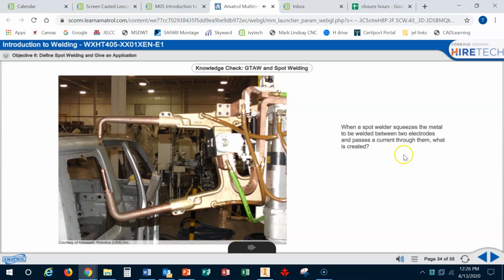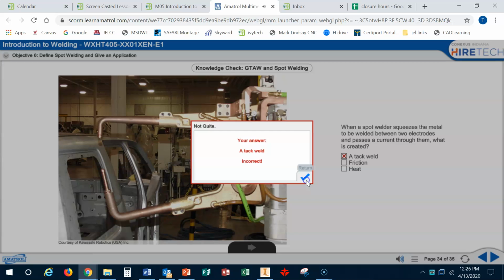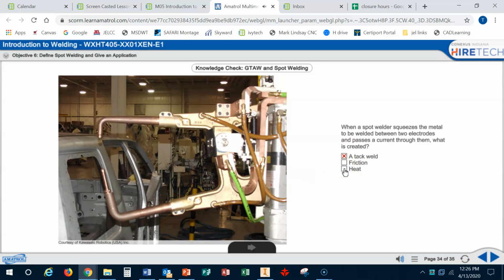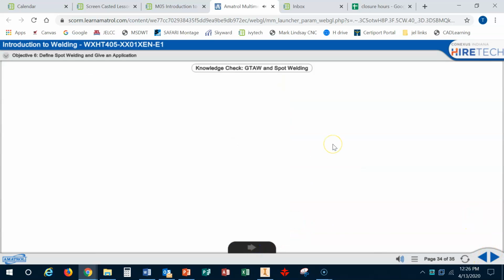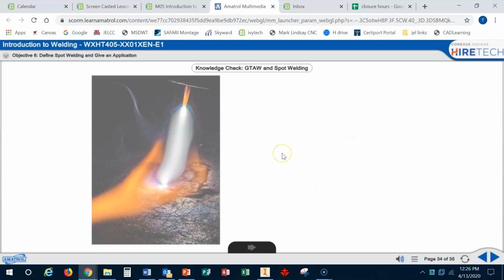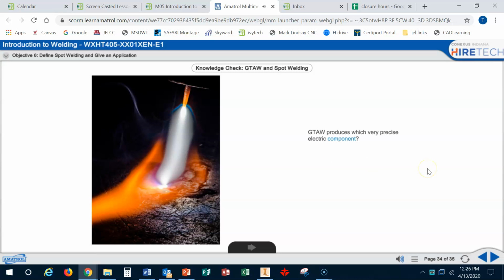When a spot welder squeezes the metal to be welded between two electrodes and passes a current through them, what is created? GTAW produces which very precise electric components?